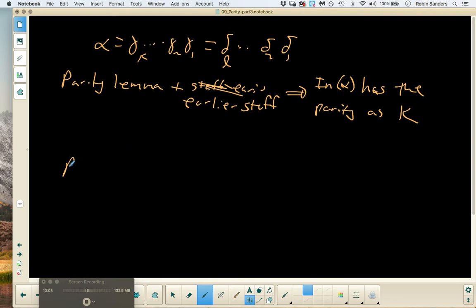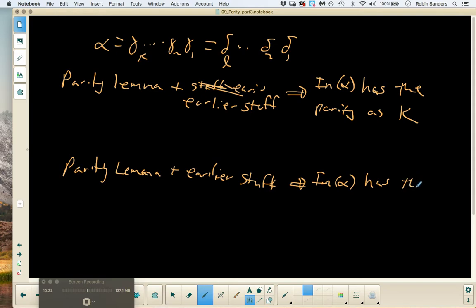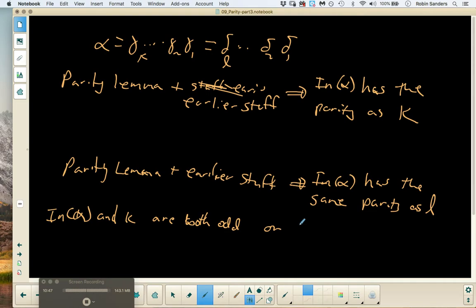But the parity lemma and that earlier stuff also imply that the inversion number of alpha has the same parity as L. Well, what this means is that the inversion number of alpha and k are both odd, or they're both even.